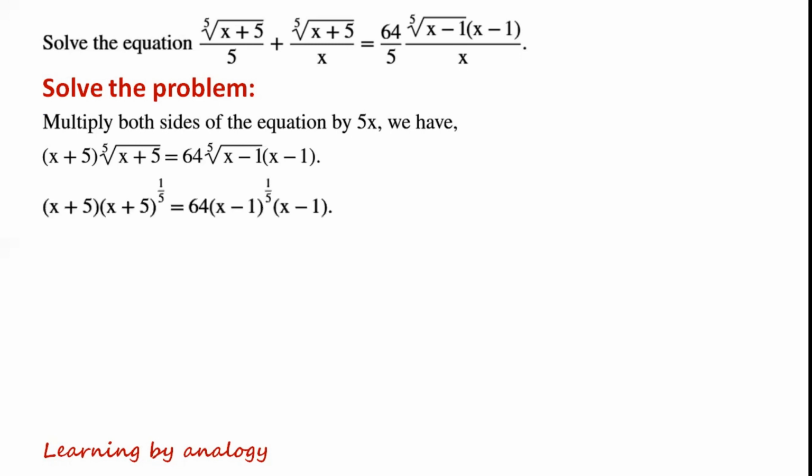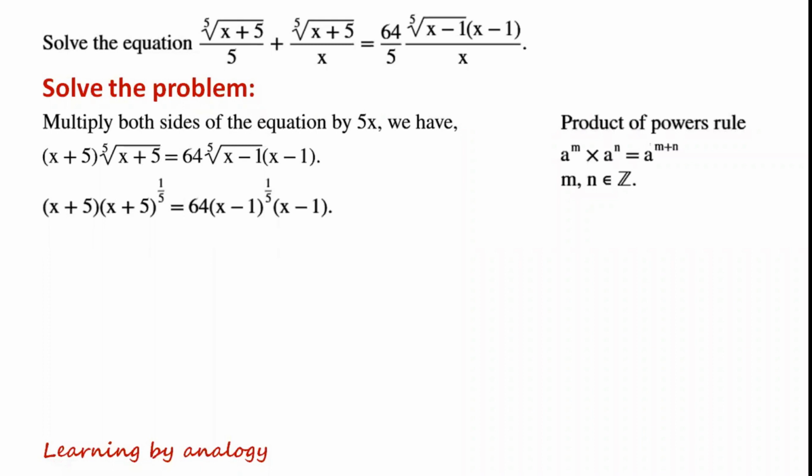So x plus 5 times x plus 5 all to the power of 1 over 5 equals 64 times x minus 1 all to the power of 1 over 5 times x minus 1.